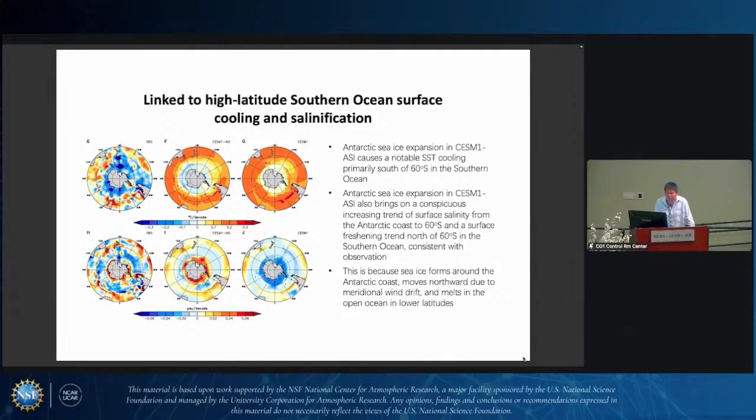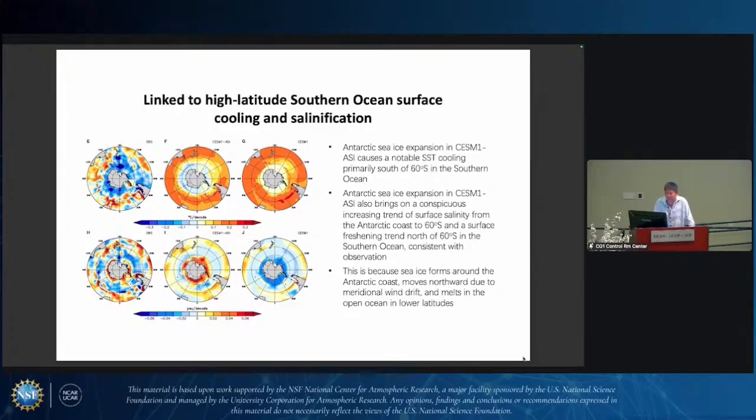So we will see, if we compare with observation, that if we have the Antarctic sea ice expansion, we can observe a very robust cooling change around Antarctic to the south of 60 degrees, and to the north, there is a warming change. For the decline group, similarly, from the previous slides, it is a very robust warming change through all the Southern Ocean.